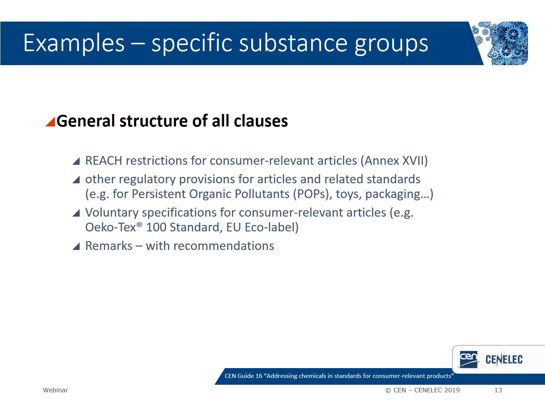In the next part, other regulatory provisions and related standards are covered, dealing, for instance, with persistent organic pollutants, with toys, packaging, and so forth. In the third part, voluntary specifications are dealt with, for instance, rules included in the Oeko-Tex 100 standard or in the European Ecolabel. And lastly, there is a section including remarks with recommendations.